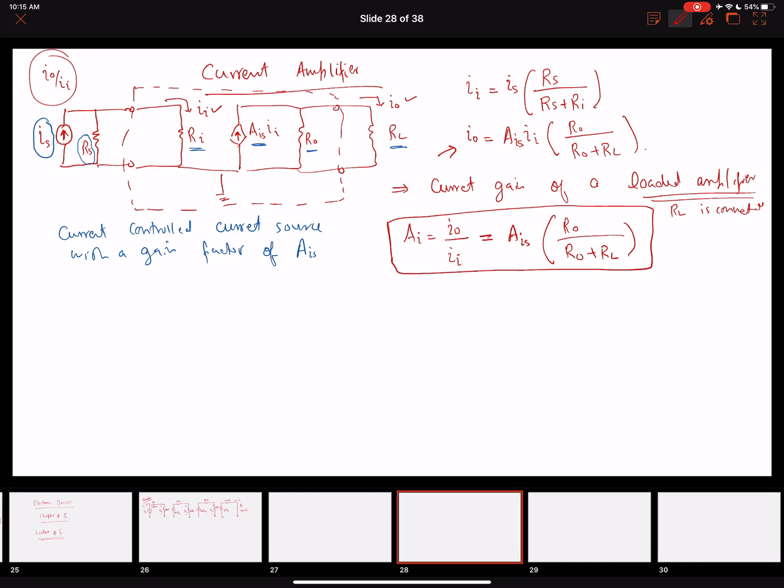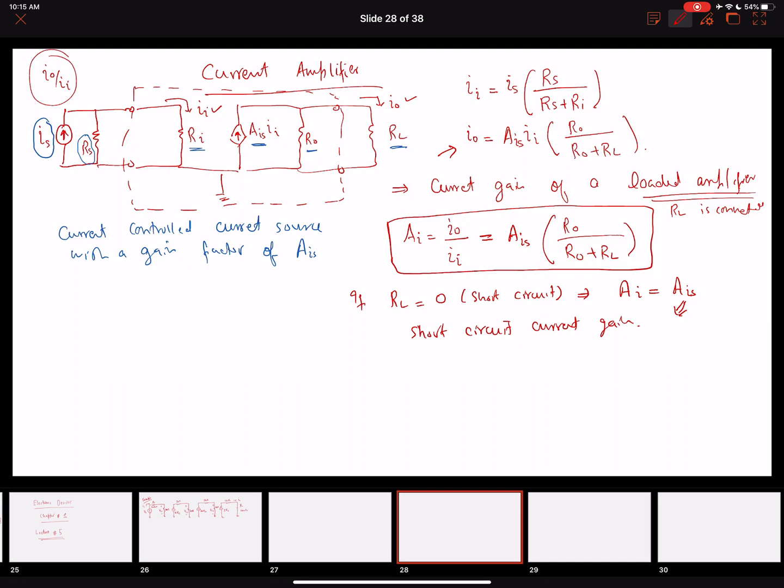Now, interestingly, if over here our load resistance is 0, which means it's a short circuit, right? Short circuit, our AI will become equal to AIS. So that is why this AIS is known as short circuit current gain.